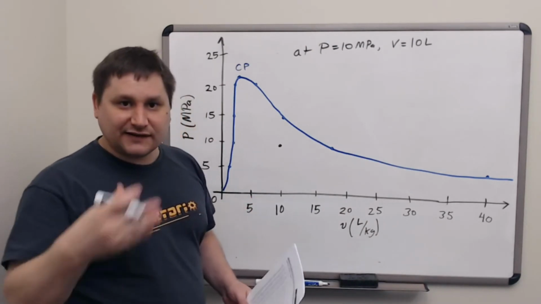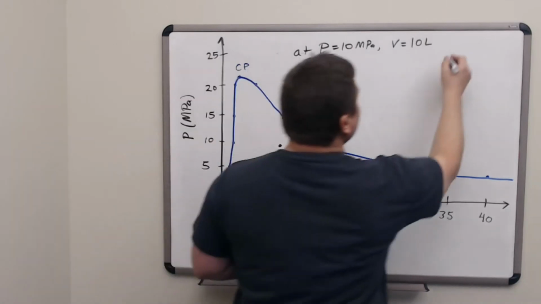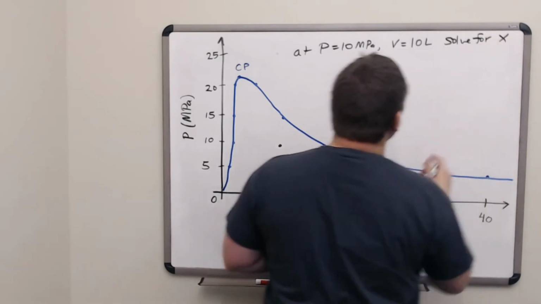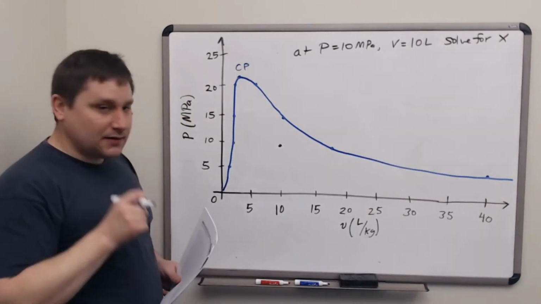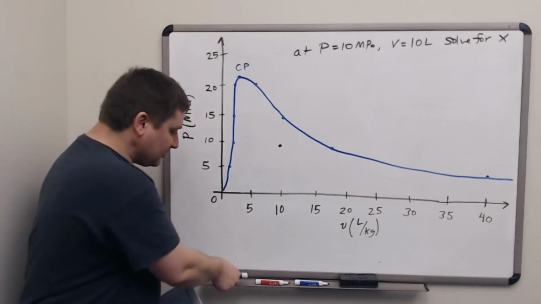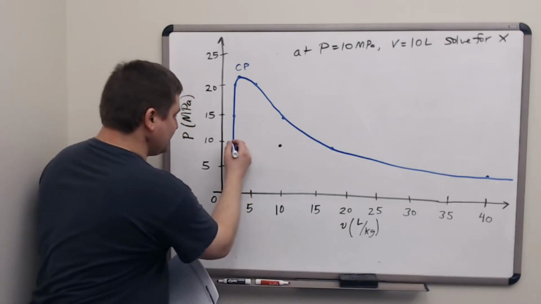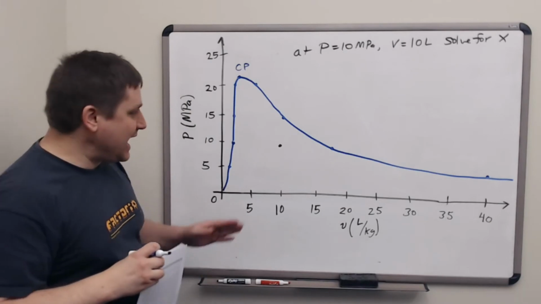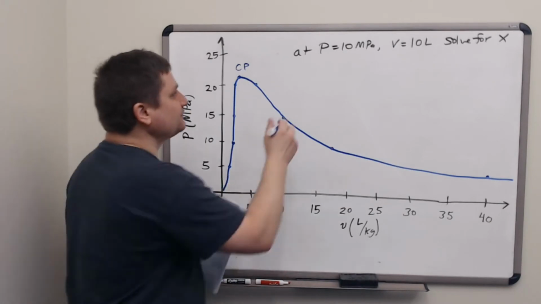In other words, let's solve for the quality. To do this, we first need to look up the volume at that pressure for the pure liquid and for the pure gas.